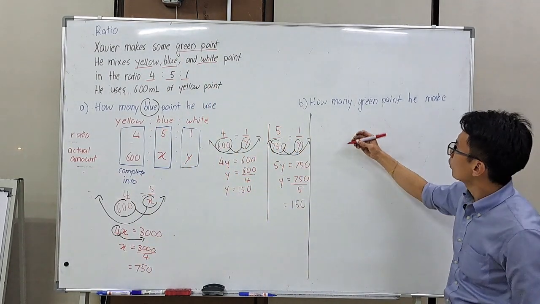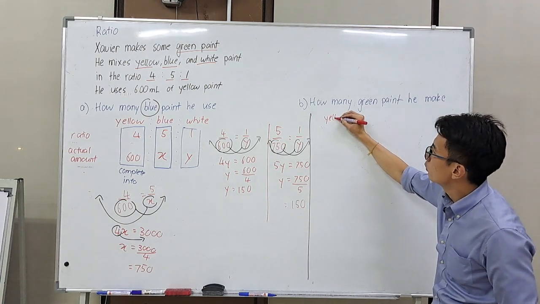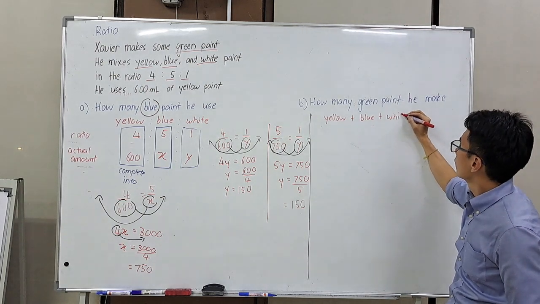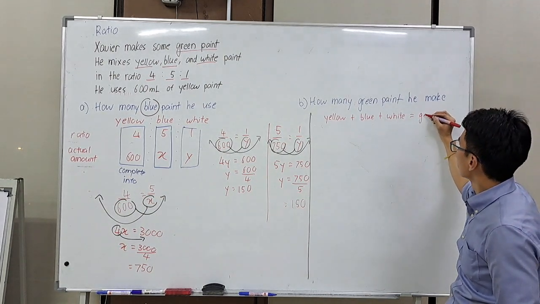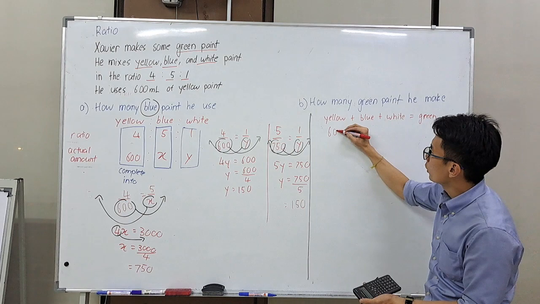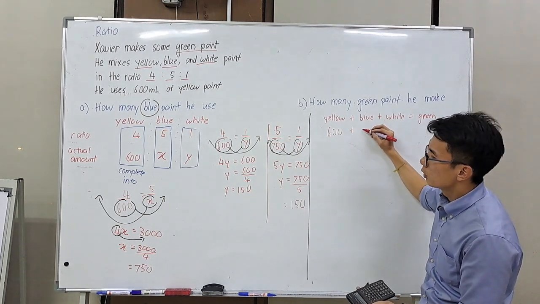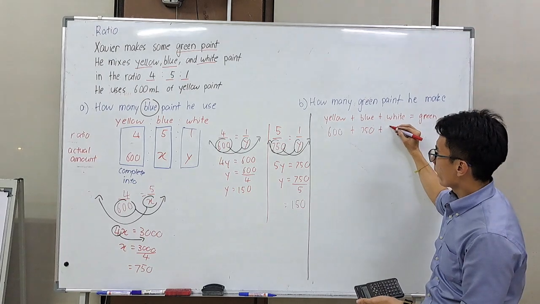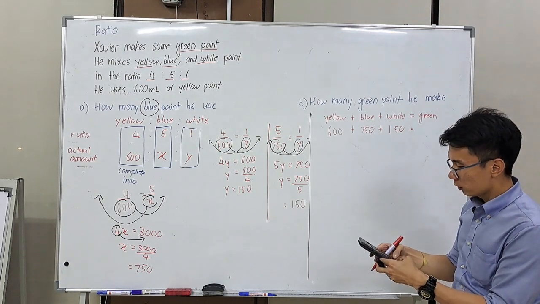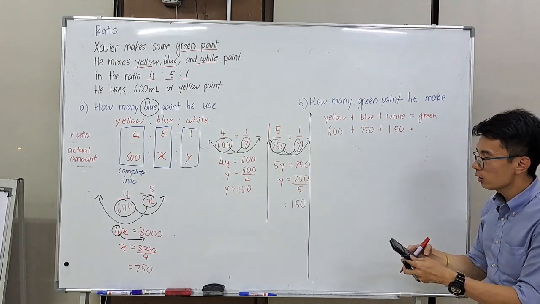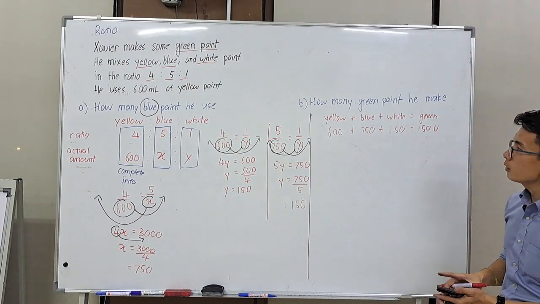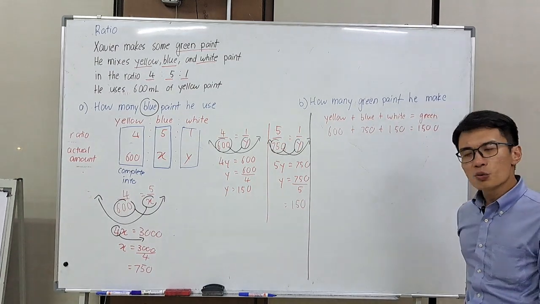I know to make my green paint, I need my yellow, plus my blue, plus my white, and that will give me my green, right? Based on this equation. So let's fill in the blanks. Yellow is 600. My blue is 750. My white is 150. And how much will that give me? 600 plus 750 plus 150. And that will give me 1,500.